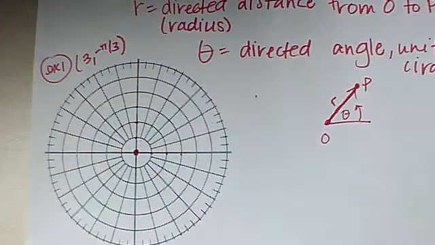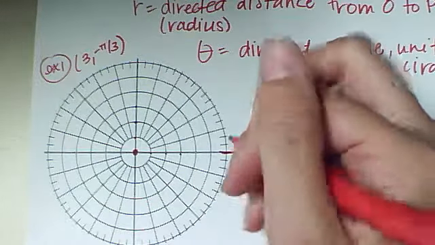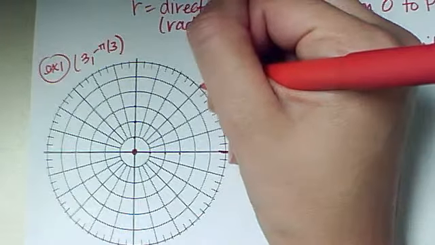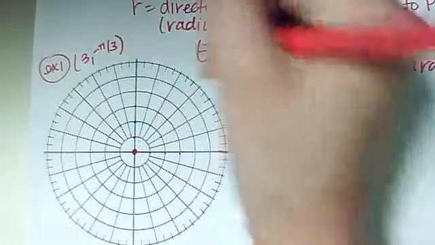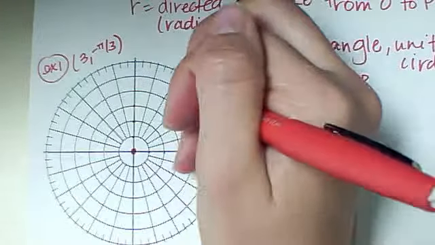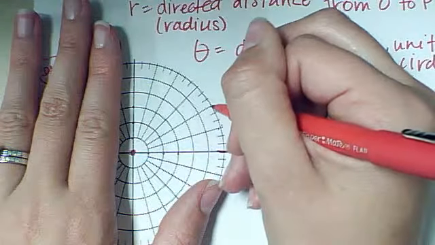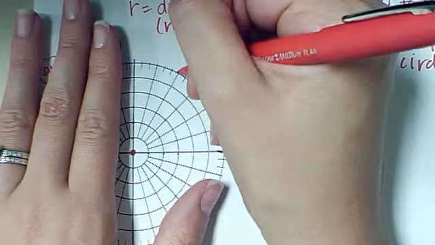Now, we also want to think about where my angle is. So if I say I'm starting here at 0, and I want negative pi over 3. You should remember that pi over 3 is somewhere about here, right? This is pi over 3. And let's see, there's 1, 2, 3, 4, 5, 6 in this first quadrant.